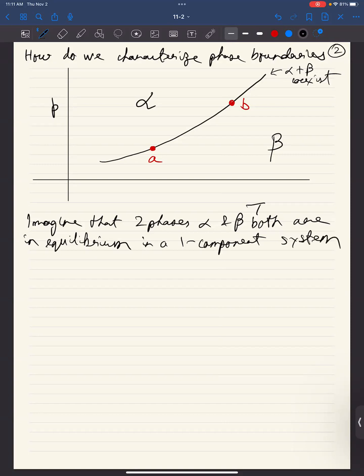It can be generalized to higher components, but for now we'll just stick with one component system at points A as well as B. If two phases are in equilibrium, what quantity should be equal? What is the second law of thermodynamics for phases?